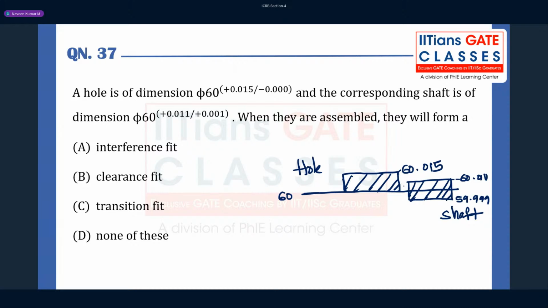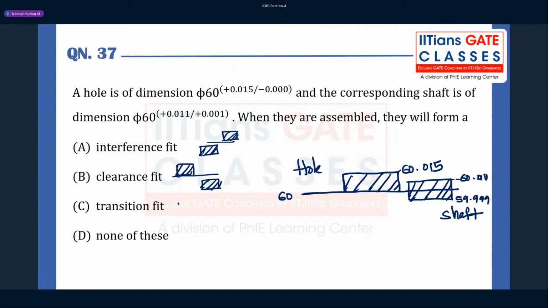So if you see, there is some kind of an interference between them, right? So clearance fit is when the diagram looks something like this. This is clearance fit, right? Interference fit is like hole will be at the bottom and shaft will be at the top.